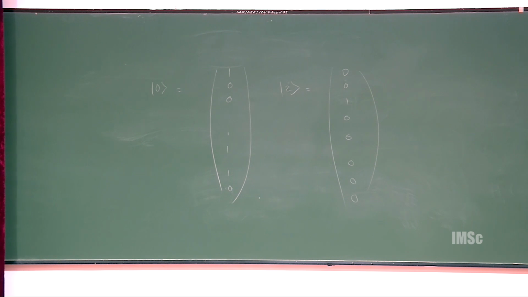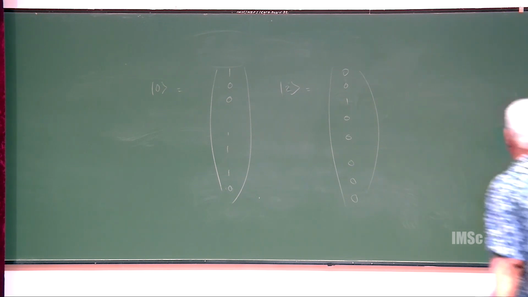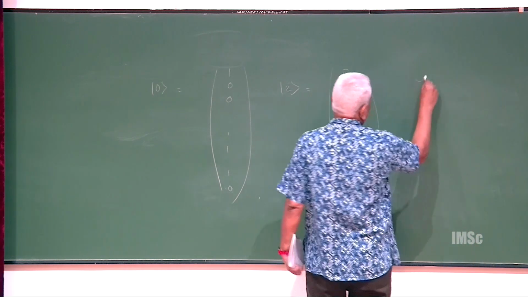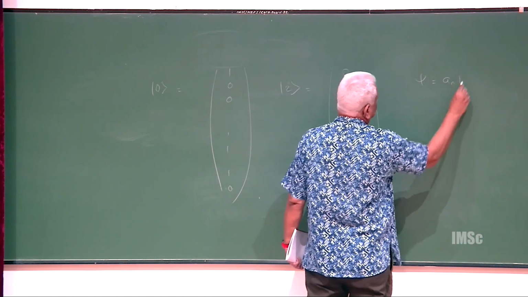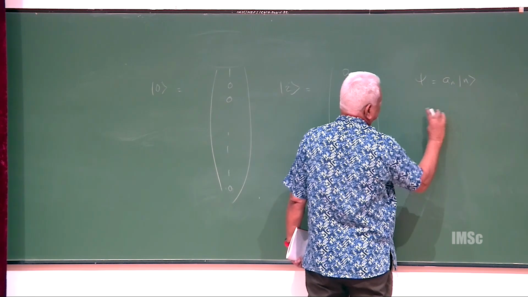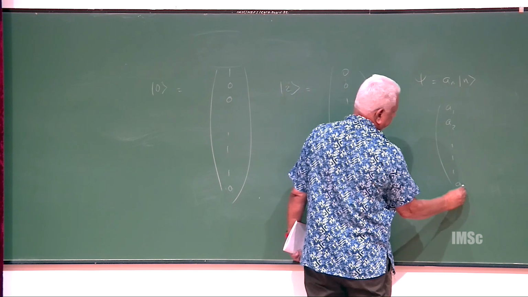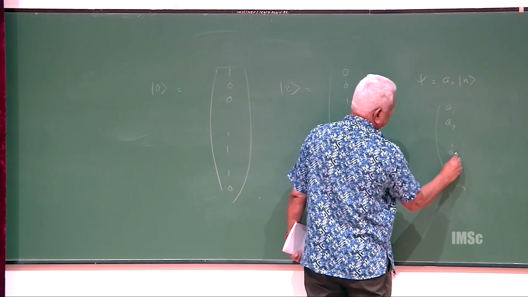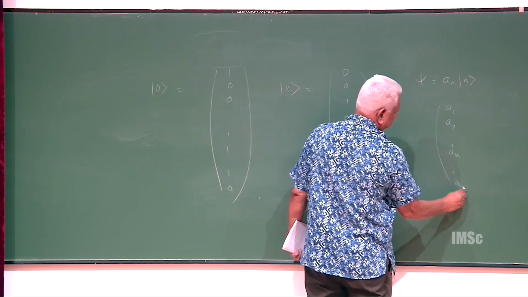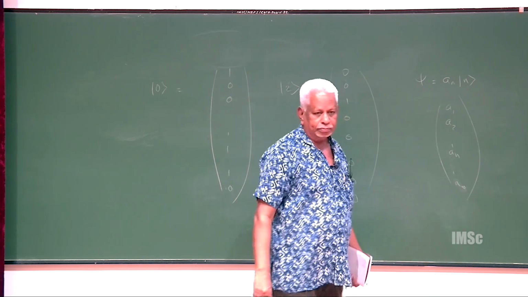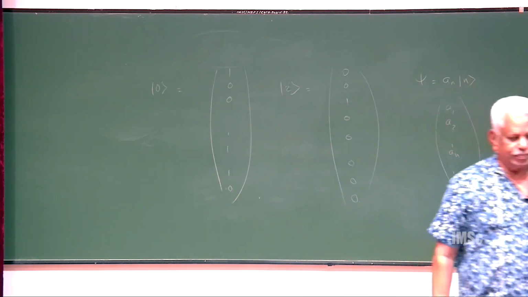Any vector is a linear combination of them. Any arbitrary vector will be A1, A2, A3 up to infinity. That's all. Which means if I write any state as a sum of A n times the state n, it simply means A1, A2 up to An somewhere and A infinity also. Okay, that's all that is there.